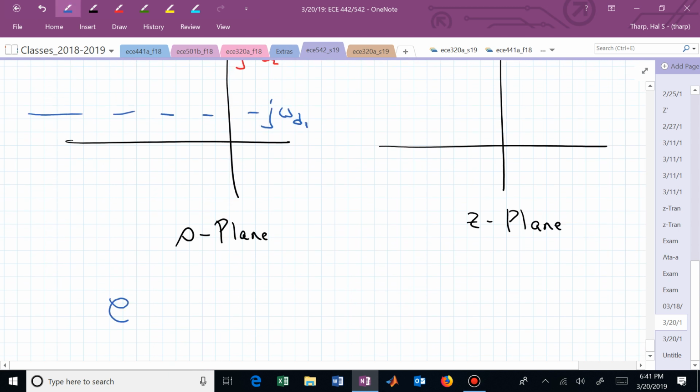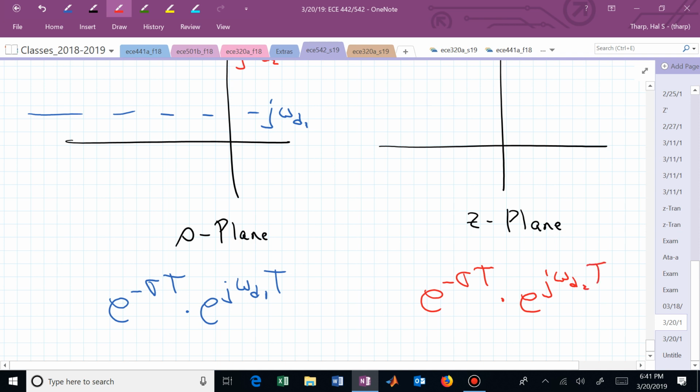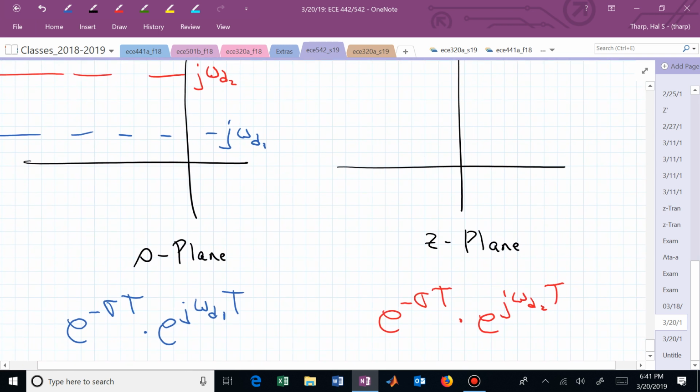We now have e to the minus sigma t times e to the j omega d1 t, and in the other case, e to the minus sigma t times e to the j omega d2 t. Can you now tell me the difference between the blue and the red?